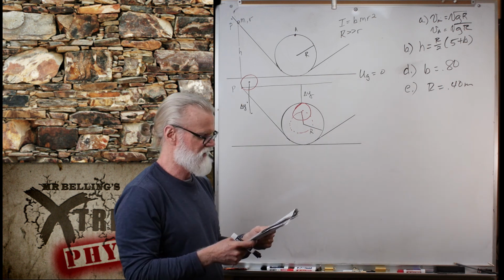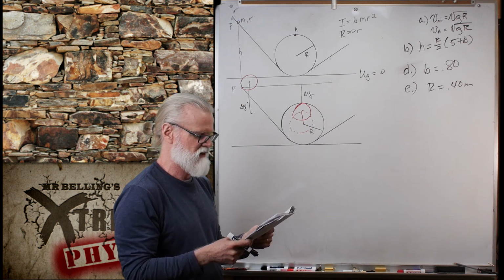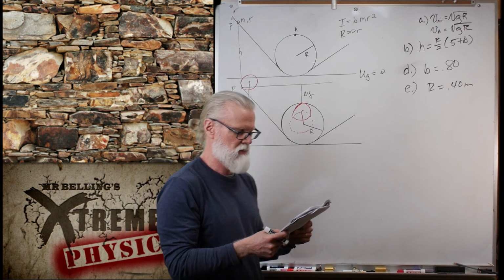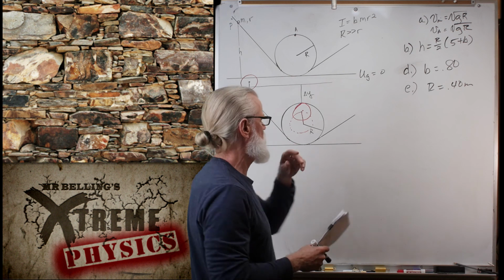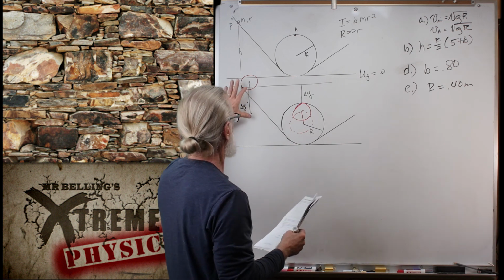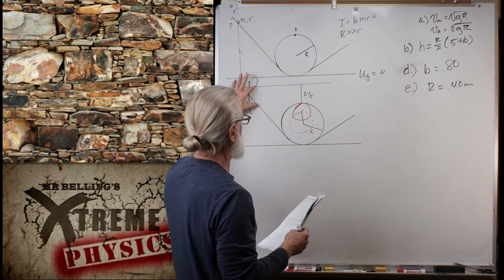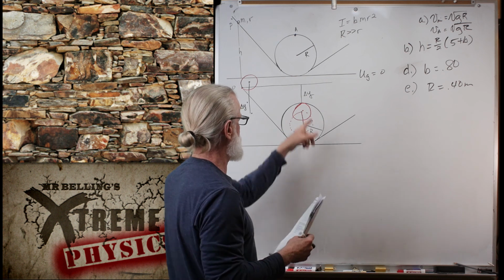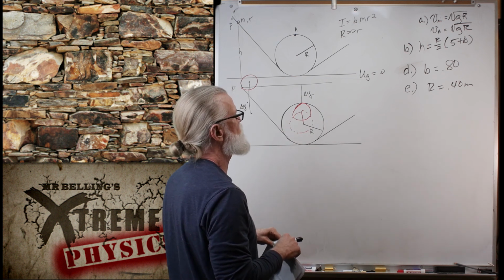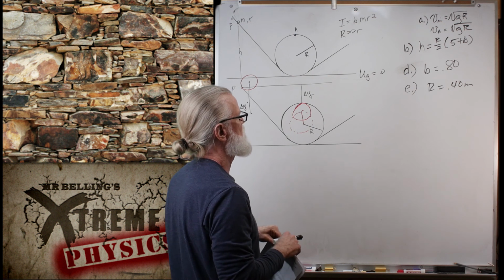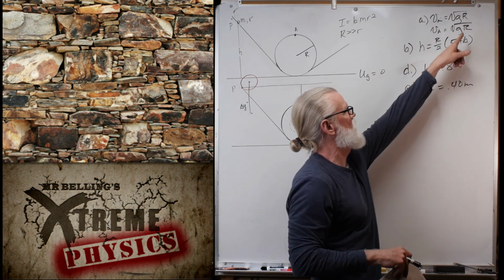If the radius r of the rolling sphere is not negligible, would the value of the minimum release height be greater, less, or the same? It would actually be less, right? We don't have to drop it as far to give it enough energy to go around the circle. It's a smaller circle for one thing, so it wouldn't have to be going as fast.